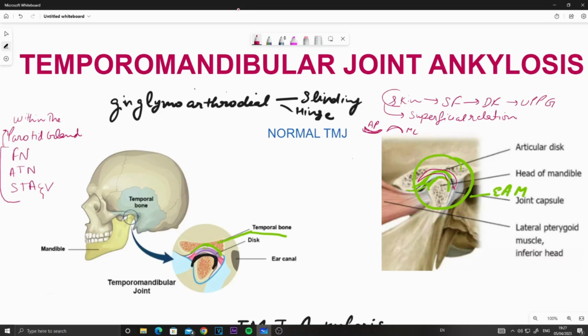The condyle of the mandible fits on the articular fossa. Now in this fossa, the condyle fits.